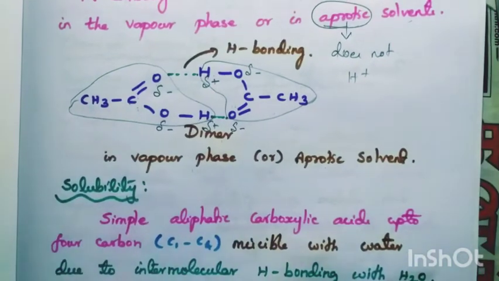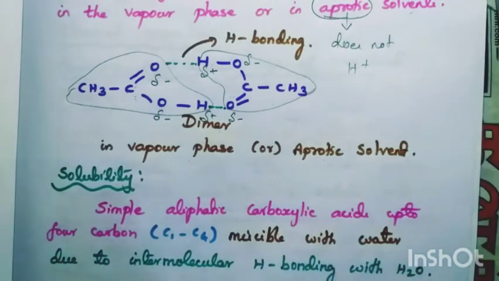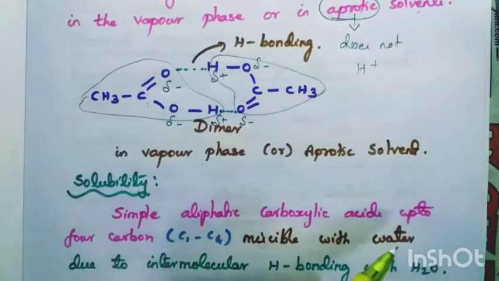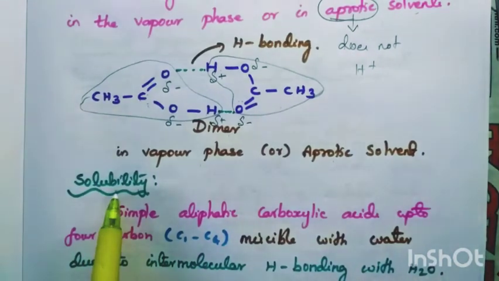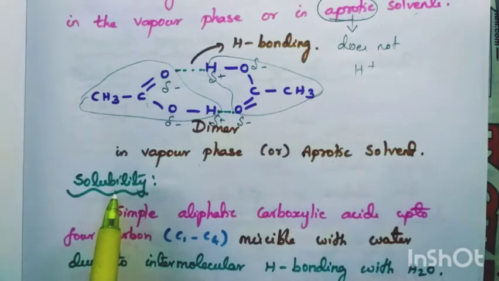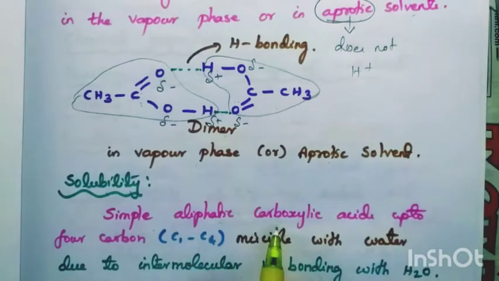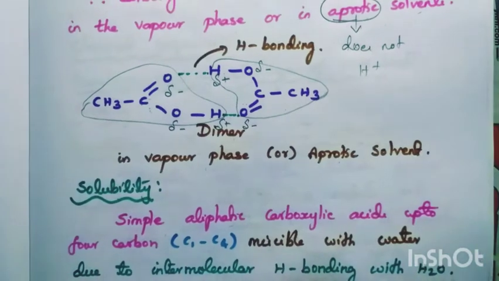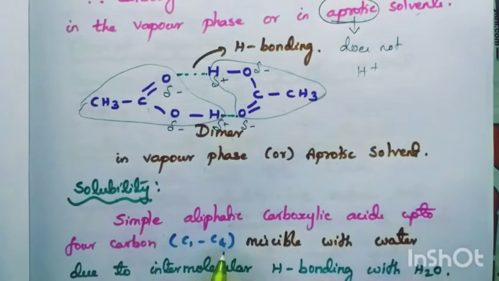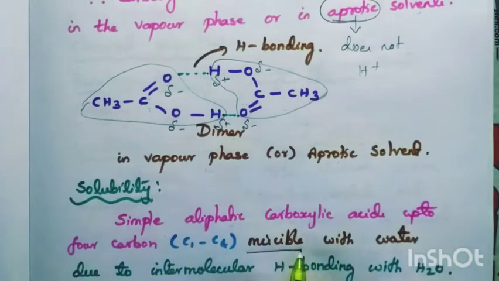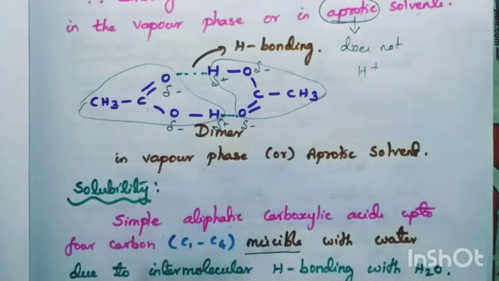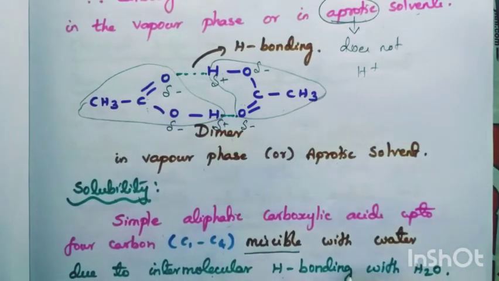Now we are going to see the solubility. Solubility means whether it is soluble in water or not. Simple aliphatic carboxylic acids, that means carbon C1 to C4, are completely miscible. Miscible means soluble in water due to intermolecular hydrogen bonding.